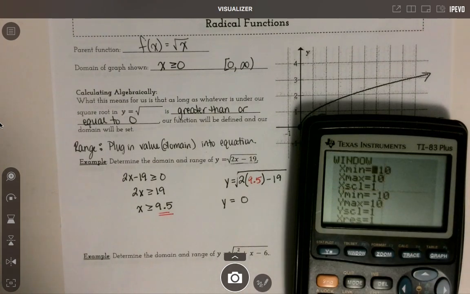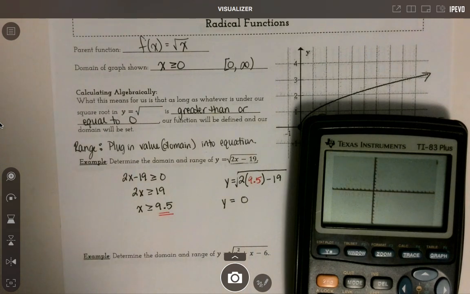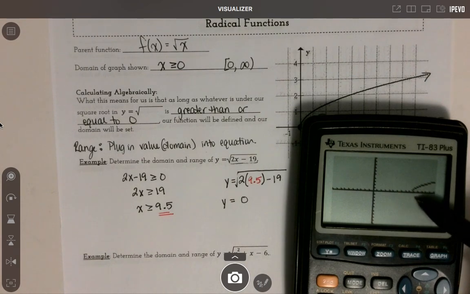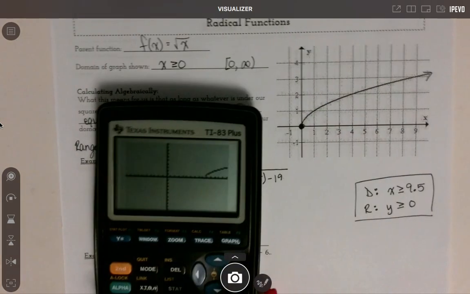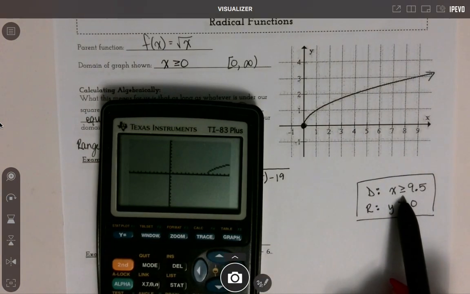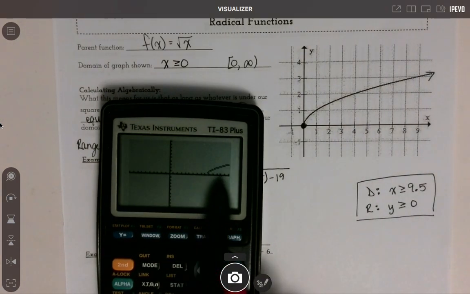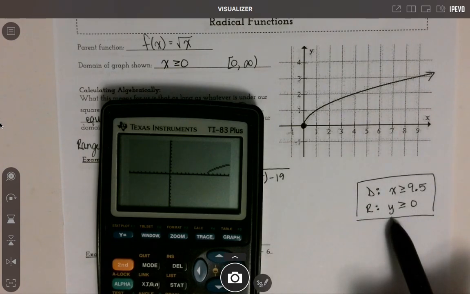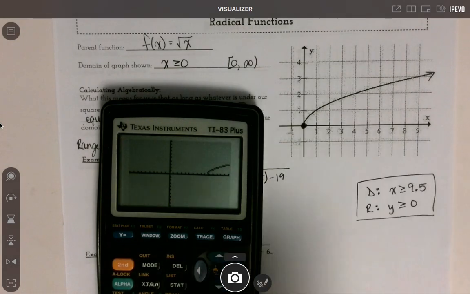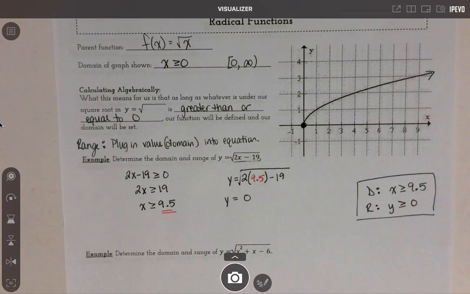I just want to make my window a little bit further, so let's take my x to 15. It's a little hard to see, but it should be on my x-axis and going up and out to the right. So it makes sense that x is greater than or equal to 9.5 because it's going to the right. And my range is y is greater than or equal to 0 because it's going to continue to go up.